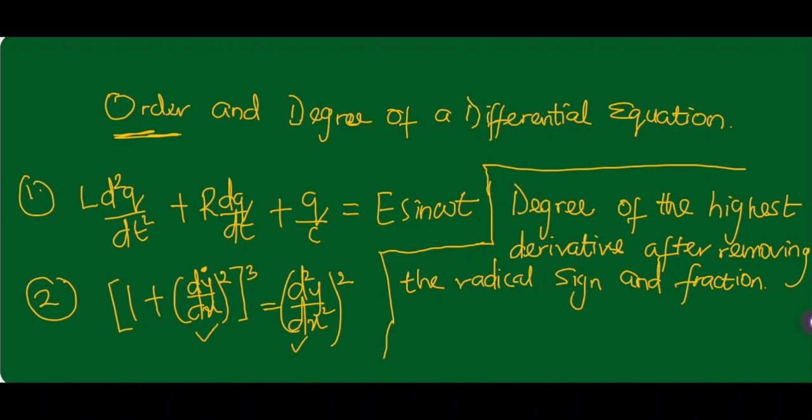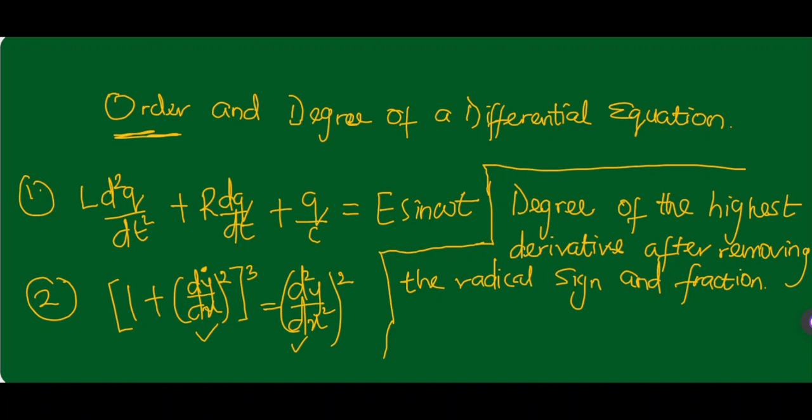Now to the second example, we have d squared y/dx squared all squared on the right hand side, and dy/dx all squared on the left hand side. Like we said already, the order of this differential equation is 2. It is a second order differential equation.